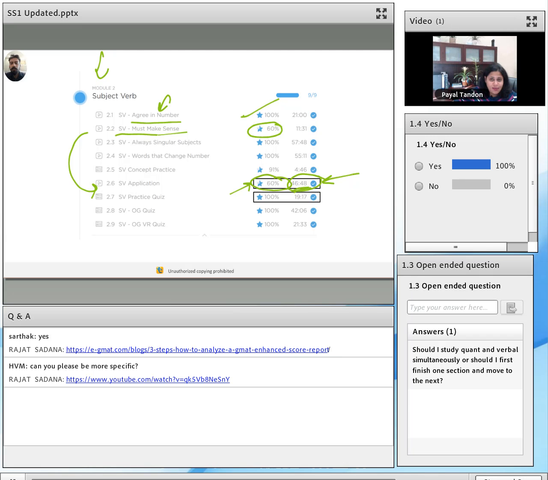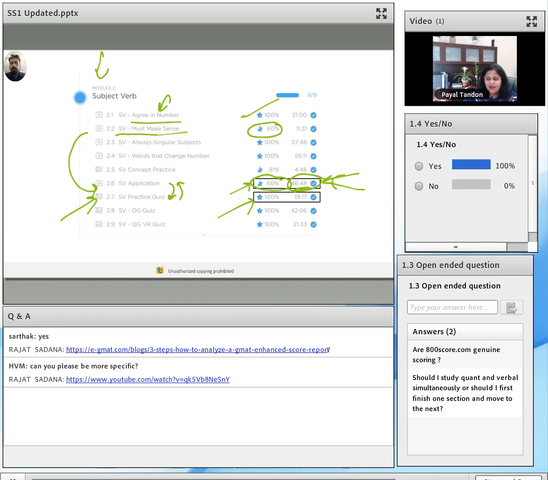He actually did spend quite a lot of time in reviewing his mistakes, and the result of that review is that he gets 100% in the practice file. And again, the difficulty level of questions between these two files is not really very different. It is a similar difficulty level. Okay, so because he's reviewing his mistakes here, he is able to implement those corrective actions on the subject verb practice file. Okay.